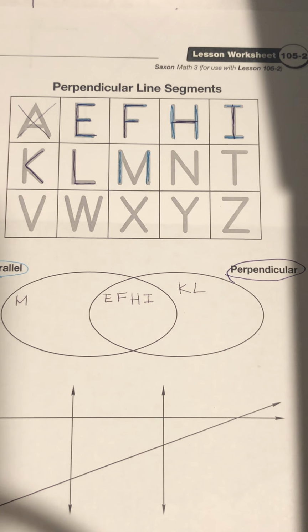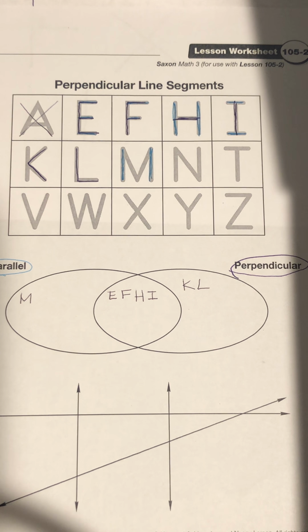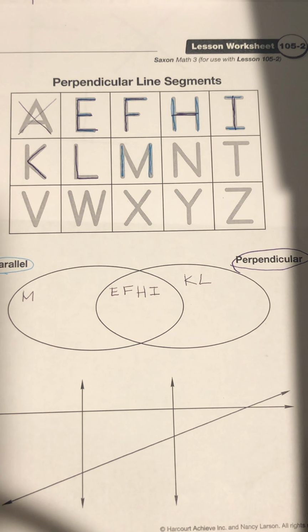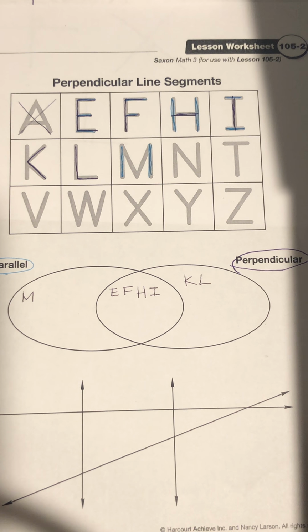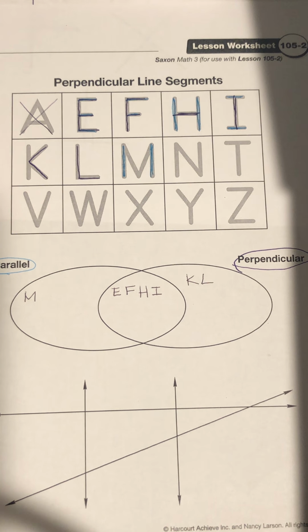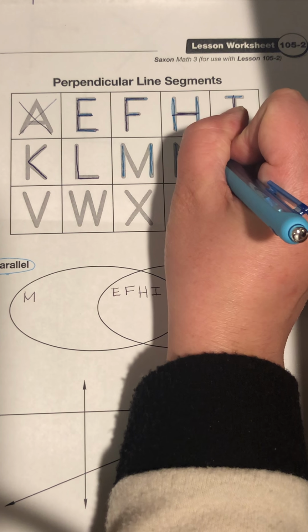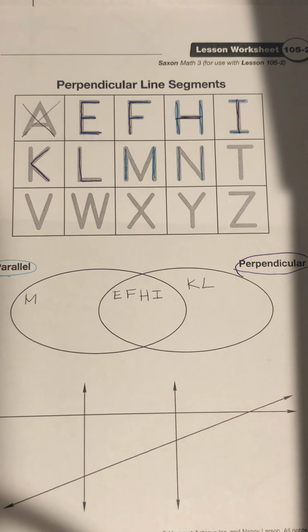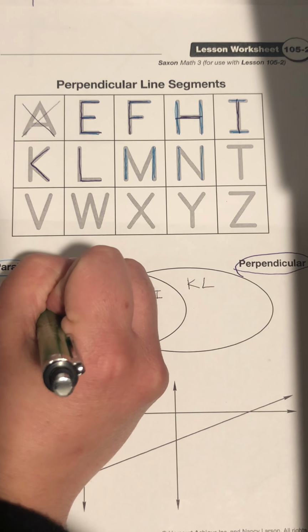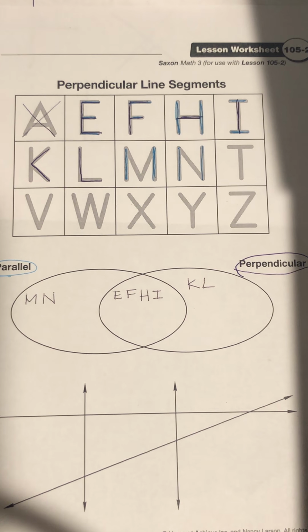M is only parallel. What about N? N has parallel. Do you see any 90 degrees here? Nope. So N is only parallel.